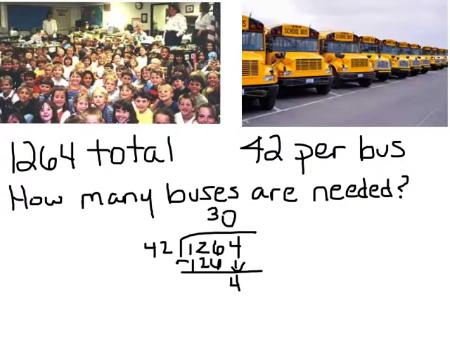It goes 0, but with a remainder of 4. Alright, now I know I'm going to need 30 buses, but I'm going to have 4 children left over, and I can't split them up on these 30 buses. So I'm actually going to need a total of 31 buses in order to transport all of these 1,264 students to the game. Okay, let's go to the next slide.